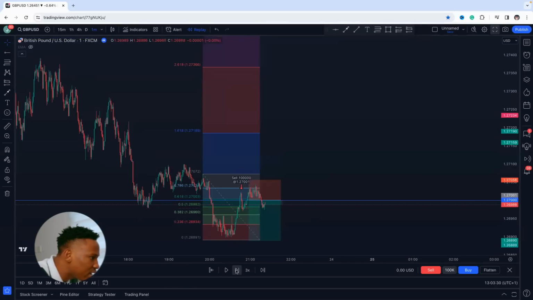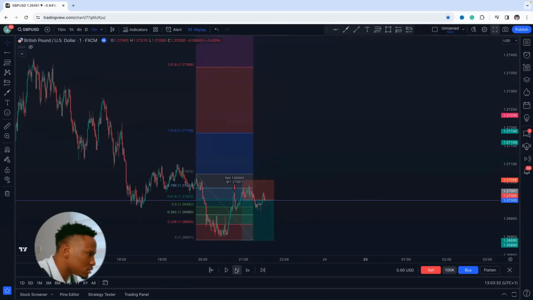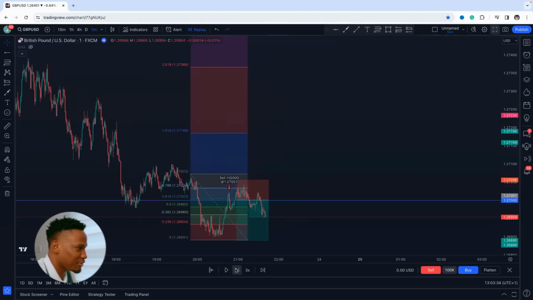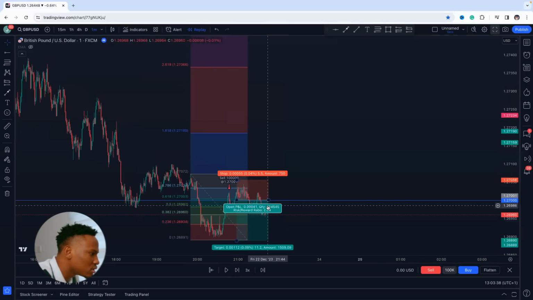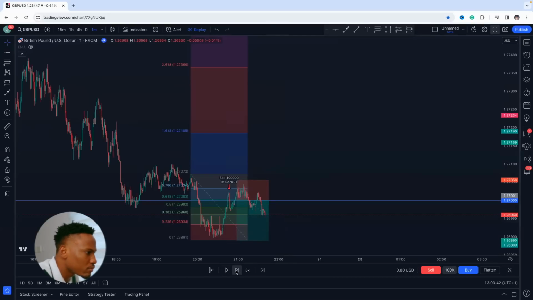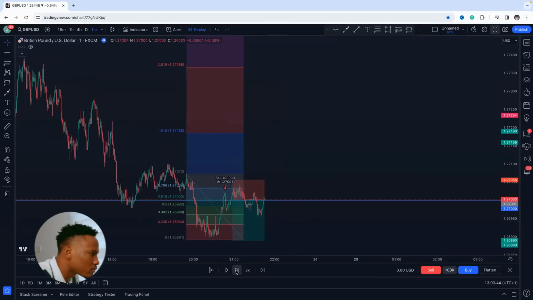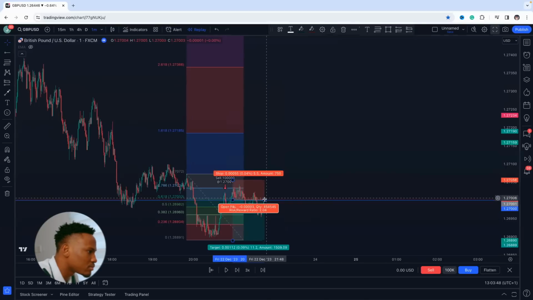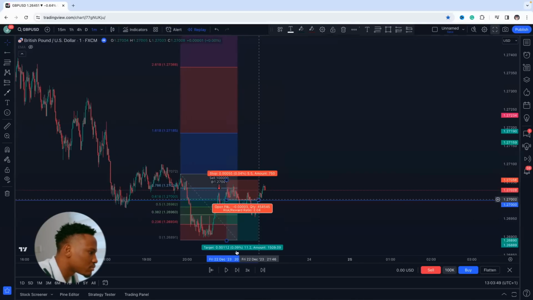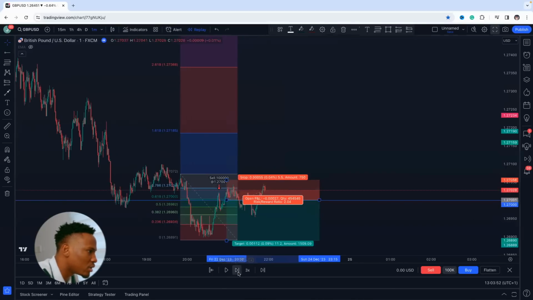Stop loss almost hit right there, but now we're in profit, good profit. Let me extend it, so it's back into drawdown.